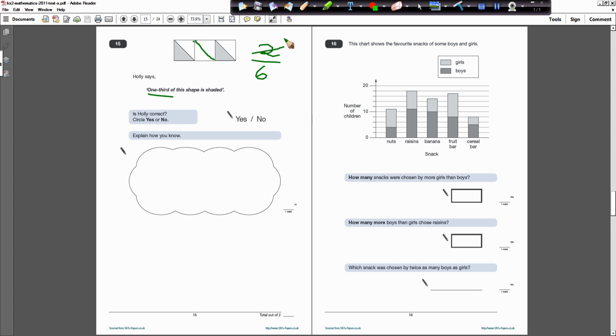Now 2 divided by 2 is 1. 6 divided by 2 is 3. So is she right? Yes. So what do we say? We say here that 2/6 is the same as 1/3.